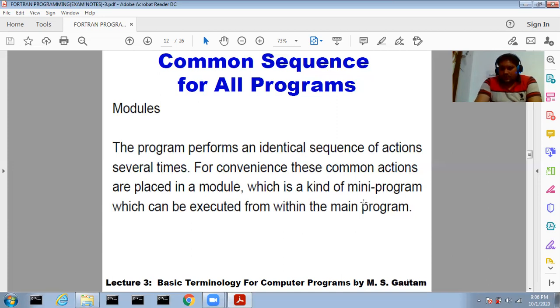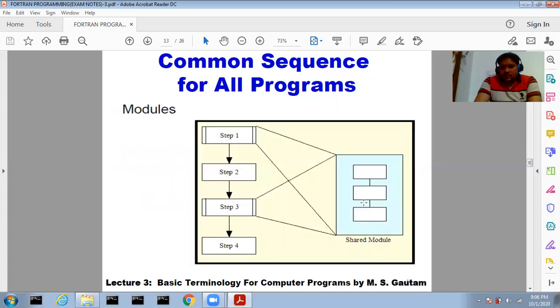So modules are used when an operation is repeated many times at two or more places in a given program. For example, this common module is shared at step 1 and step 3.